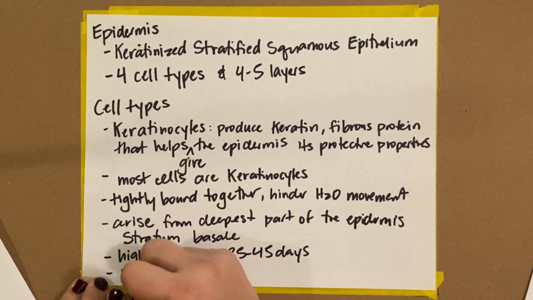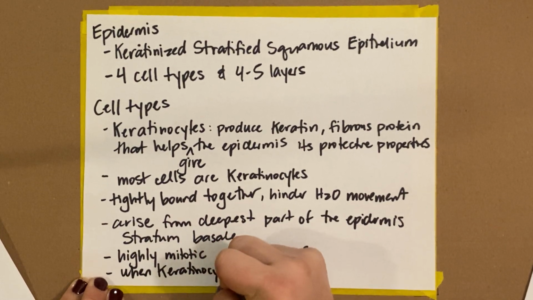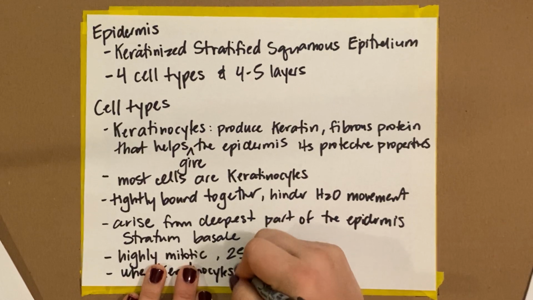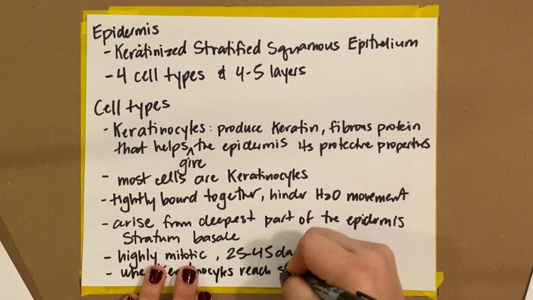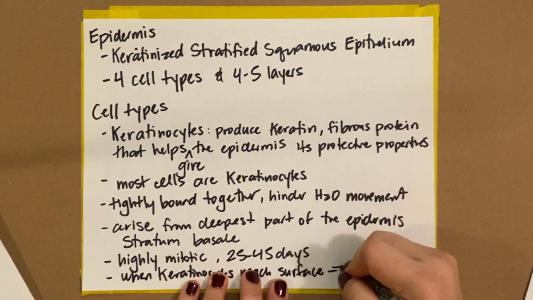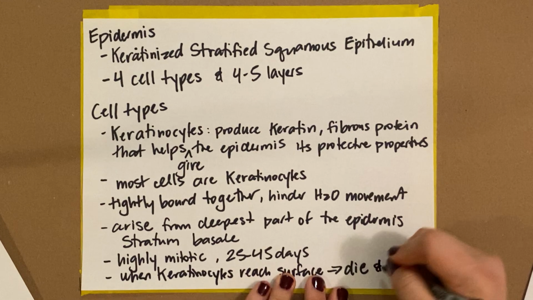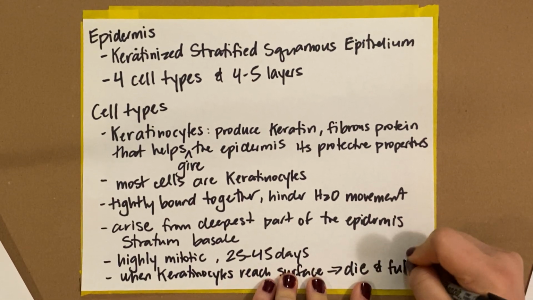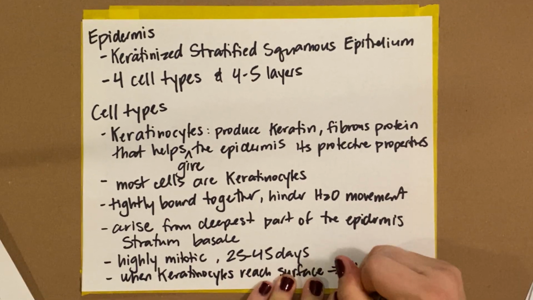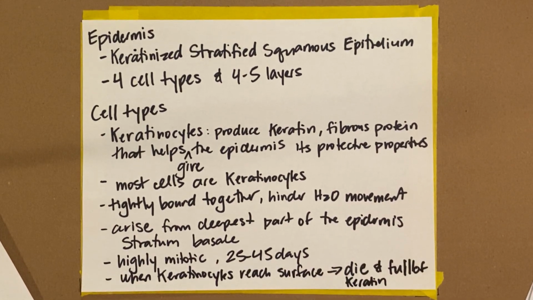So when keratinocytes reach the surface, and I'm going to show a picture of this in a second, they die, and they're basically full of keratin at that point. So they're no longer living cells once they're at the top.